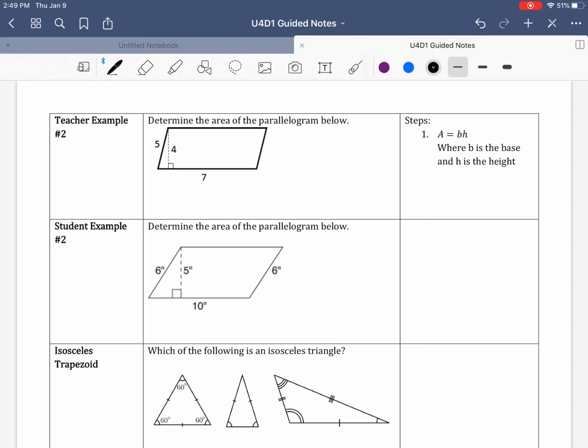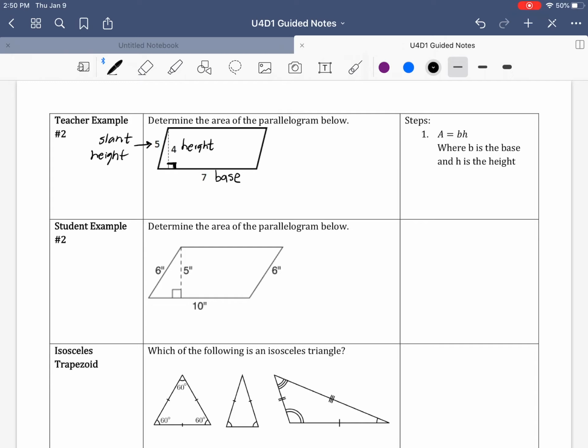Now, for a second teacher example, it asks us to find the area of the parallelogram below. So here, I know that my base is the 7. My perpendicular height, I can tell by this 90-degree marking here. And this 5 also has a special name. It's called your slant height.